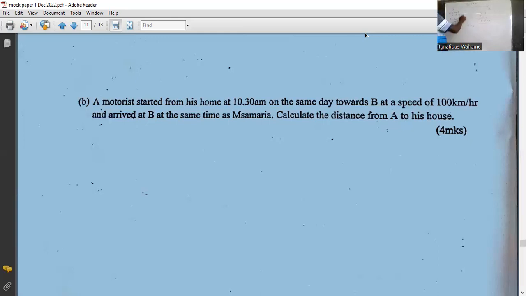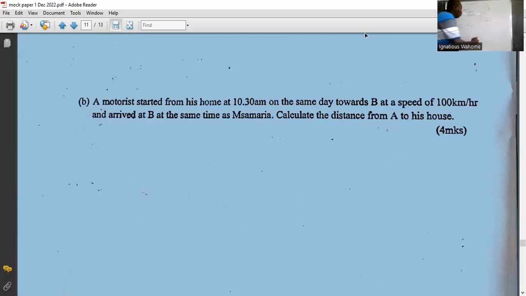The motorist left at 10:30, traveling at a speed of 100 kilometers per hour. So what time did the motorist take to travel from home to B?